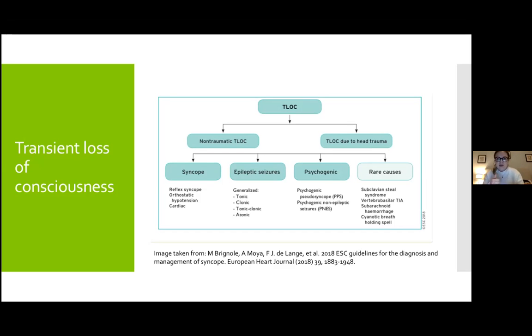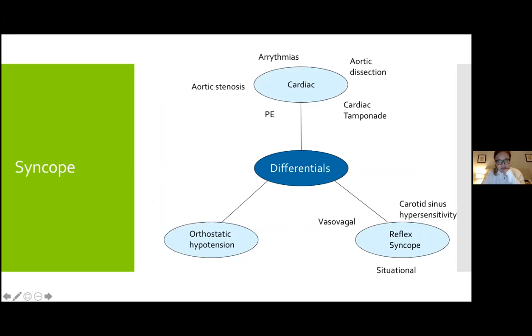And so if you've then differentiated that this is syncope and not a seizure, you then want to figure out what type of syncope, what type of cause this really is. So let's go into syncope a little bit more. Cardiac causes of syncope can be a PE, aortic stenosis, arrhythmias, aortic dissection, and cardiac tamponade.